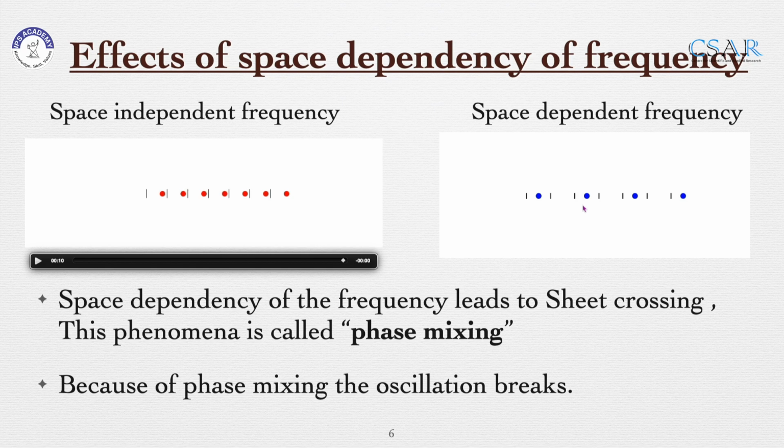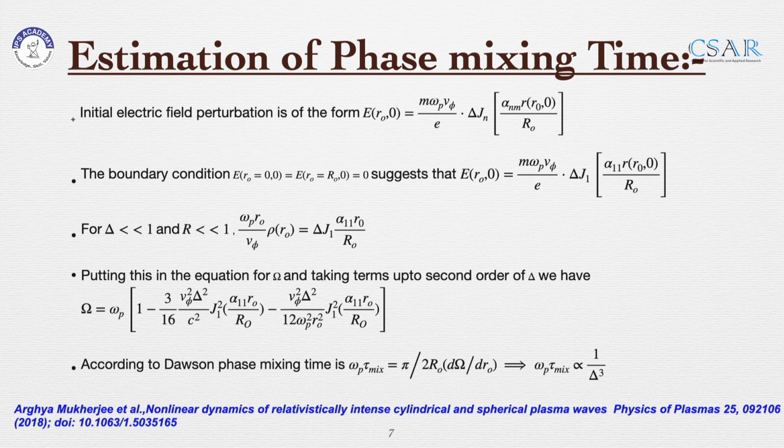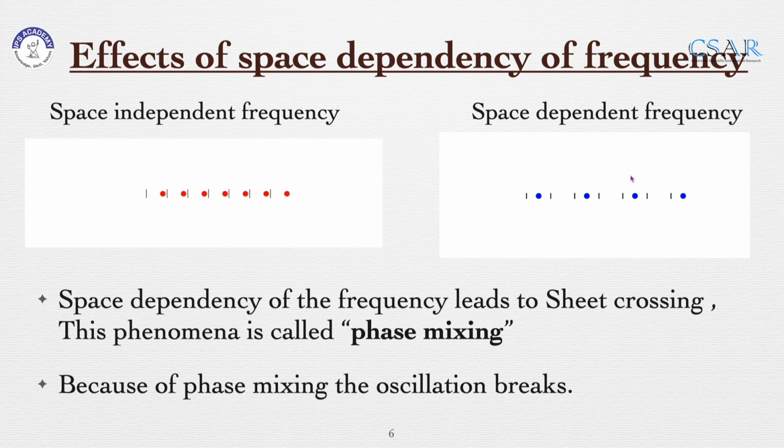But if the frequency depends upon space, then a time comes where the electron sheets will cross each other, and that phenomenon we call phase mixing. Once they start hitting each other, the wave cannot sustain. That point we call the wave or the oscillation breaking.